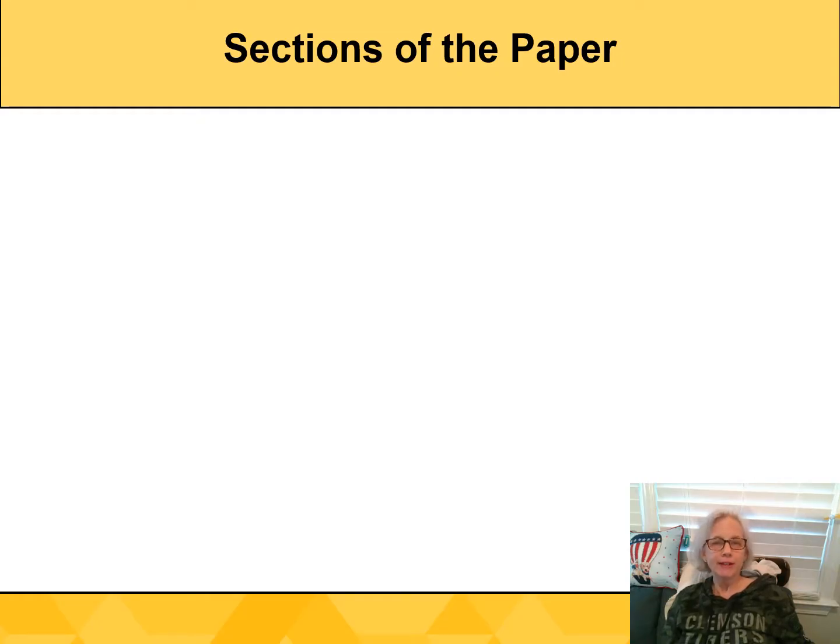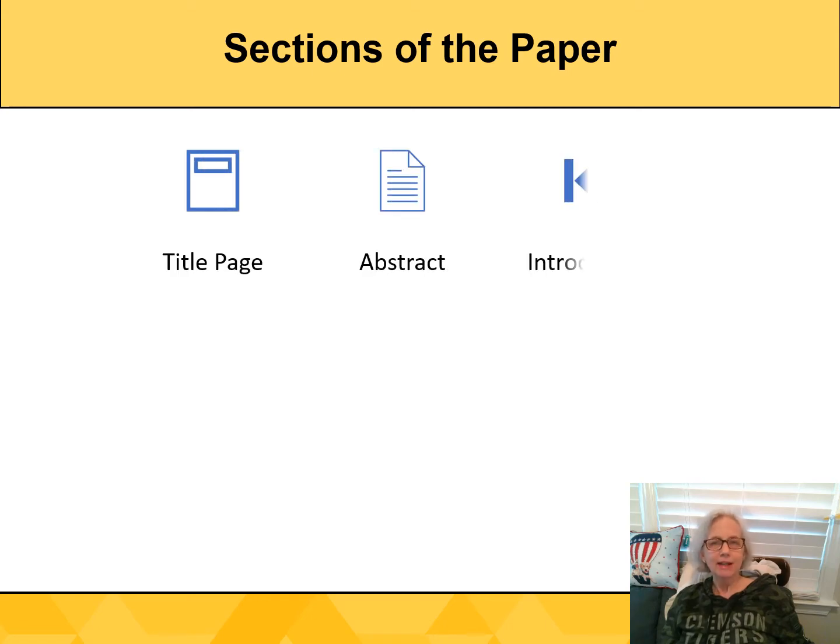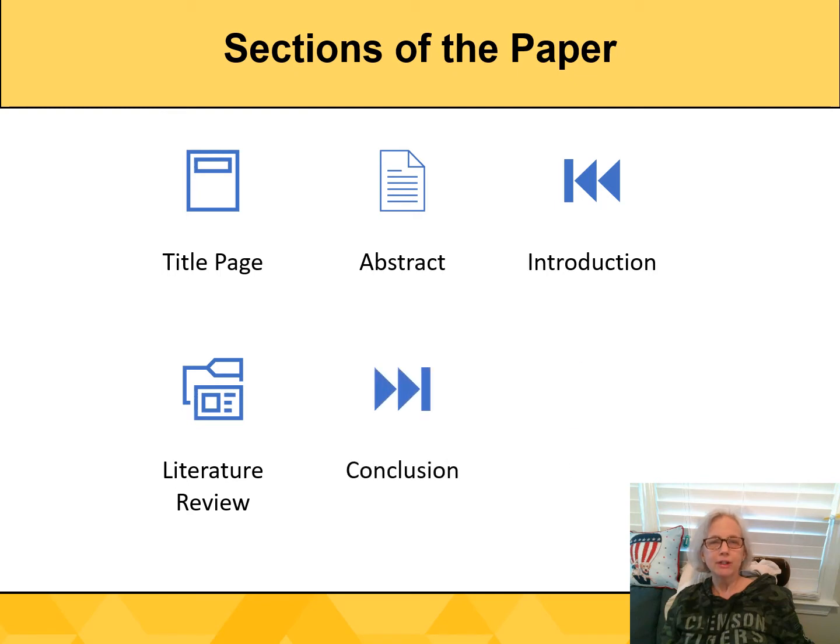Ultimately, you will put together a high-quality paper for this class with the following sections: title page, abstract, introduction, literature review, conclusion, and references. Method, results, analysis, and implication sections, which you will find in many of the peer-reviewed journal articles you read, are beyond the scope of this class.